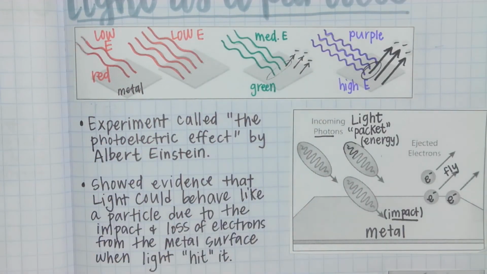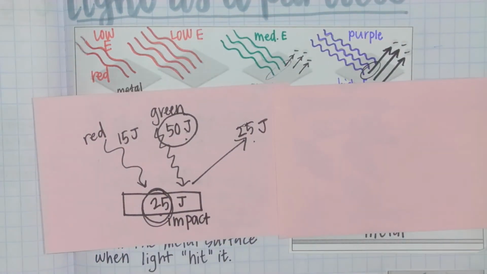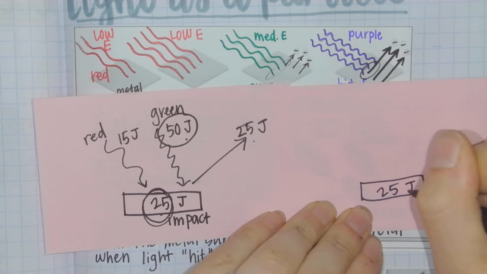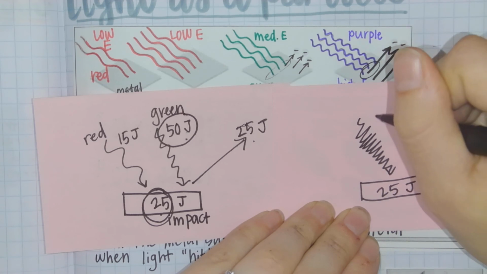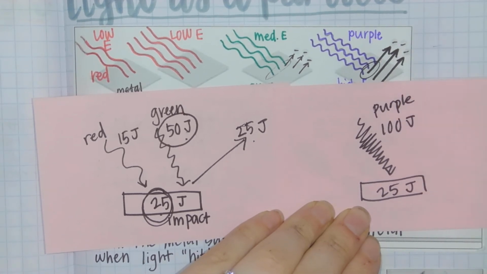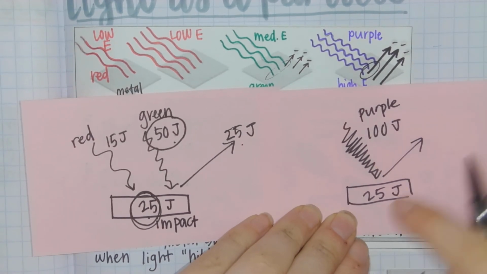The purple one, let me get a new sheet of paper. Same situation, I'm going to use the same piece of metal. Costs 25 for the impact, but purple is like, yes, I have so much energy. I have 100. 100 minus 25.